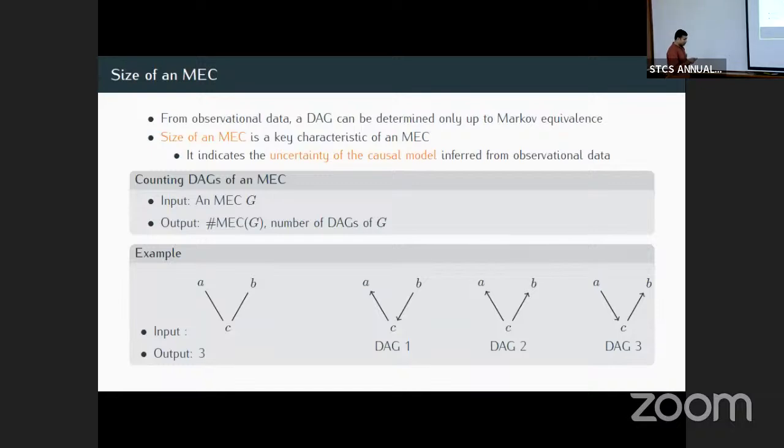So this is a combinatorial problem: given a graphical representation of an MEC, we have to answer the number of DAGs that it contains. For example, this is an MEC and there are three DAGs contained in it. We can see that all these three DAGs have the same skeleton as this one, and since this has no base structure, none of them has any base structure.